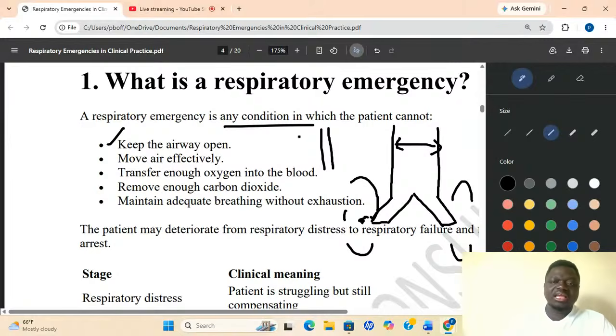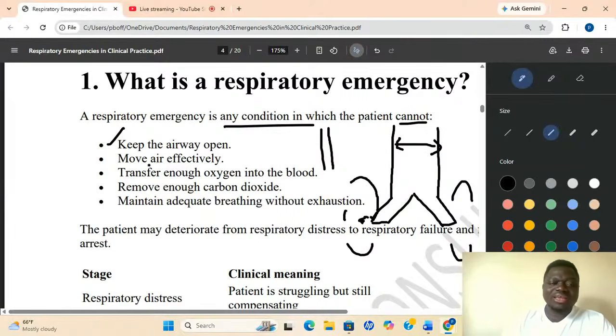Secondly, a condition which the patient cannot move air effectively. Movement of air, okay, movement of air effectively. So where is air coming from?